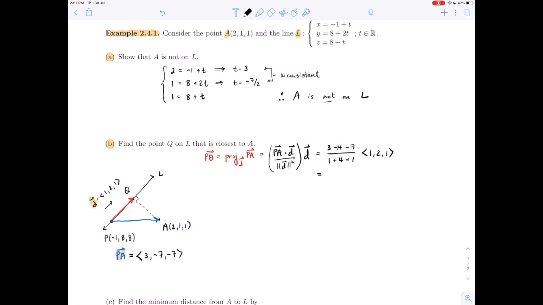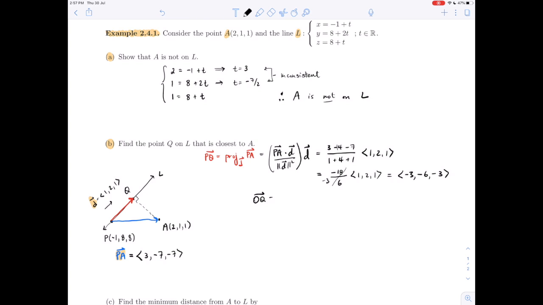So 3 minus 14 is minus 11, minus 18, divided by 6, times (1, 2, 1). That's very nice, that gives us minus 3, so our projection vector is (-3, -6, -3).